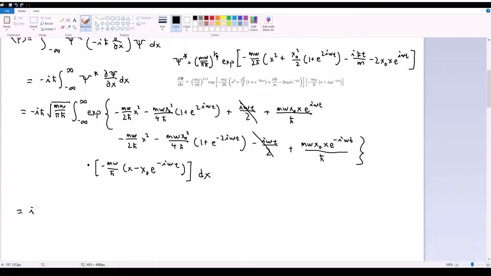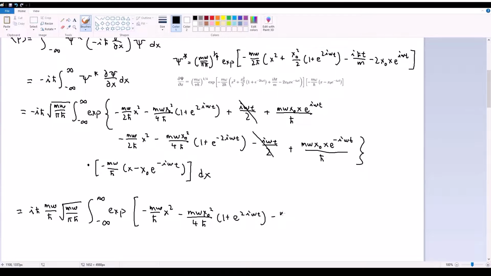So I get i h bar m omega over h bar, square root of m omega over pi h bar, times the integral from negative infinity to positive infinity of the exponential of, let's see, these two terms add, we get negative m omega over h bar x squared minus m omega x naught squared over 4 h bar times 1 plus e to the 2i omega t minus m omega x naught squared over 4 h bar times 1 plus e to the negative 2i omega t.